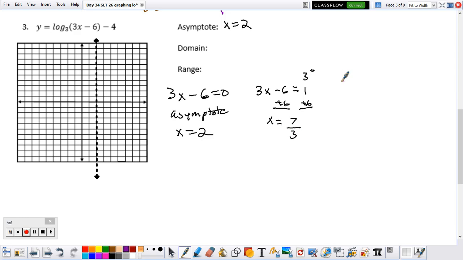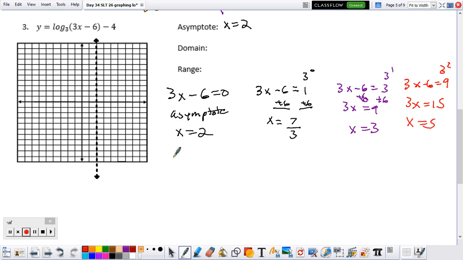Don't get nervous about the fractions. So we've got log base 3.